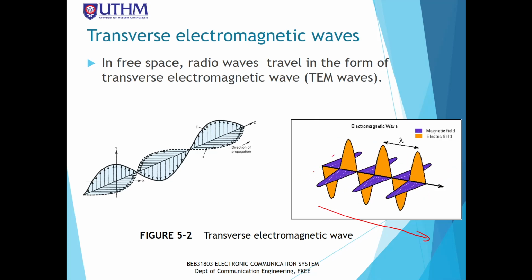So they are oscillating at 90 degree angles and then moving in a different direction. So this is what we call TEM waves, which is electromagnetic waves. The electric field is perpendicular to the magnetic field and it moves in a different direction.